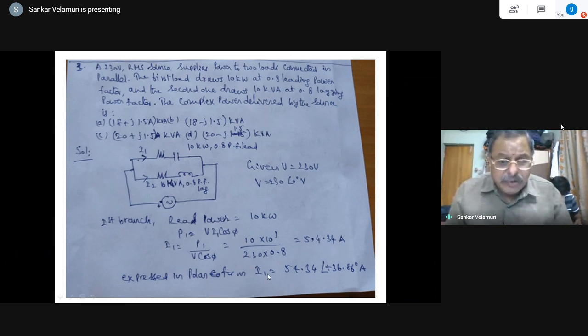Expressed in polar form, you know the Cartesian form a plus jb and the polar form R at an angle theta. With respect to the voltage chosen as reference, the current leads, and the angle can be easily obtained as 36.86 degrees. I hope you know these calculations, as the internal details are not given.